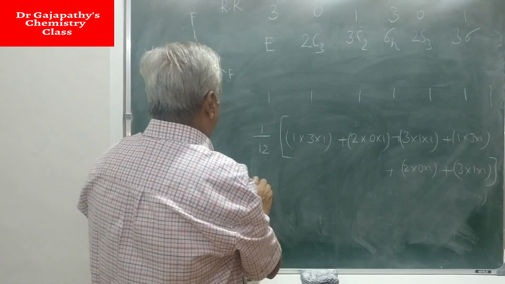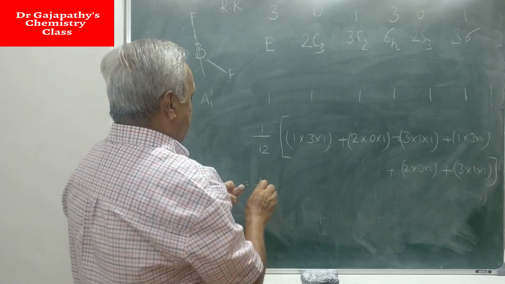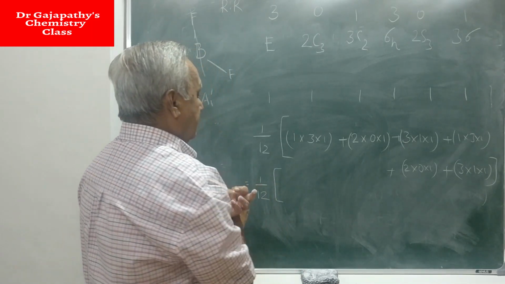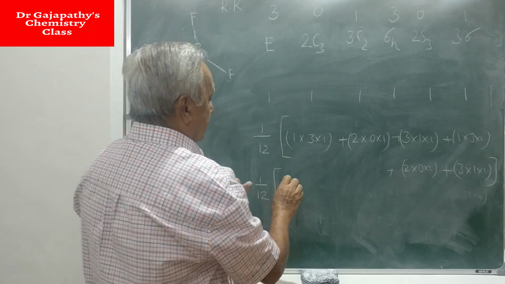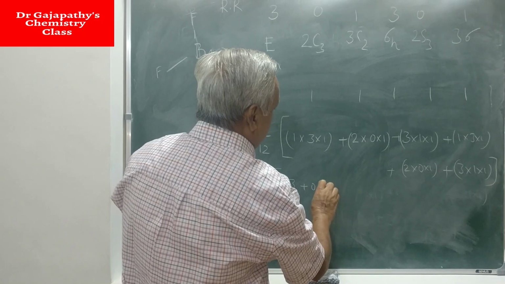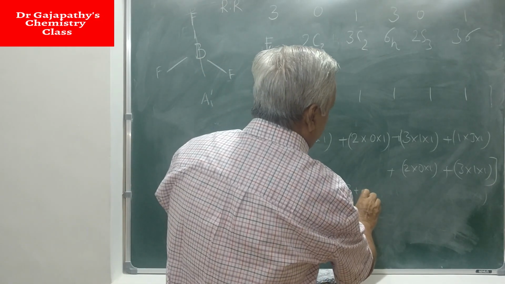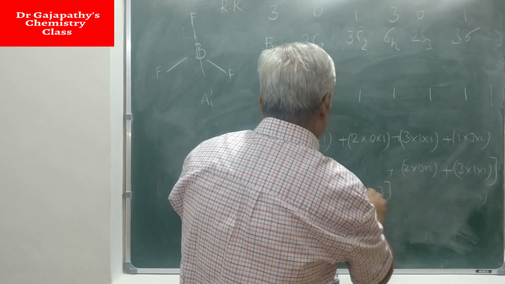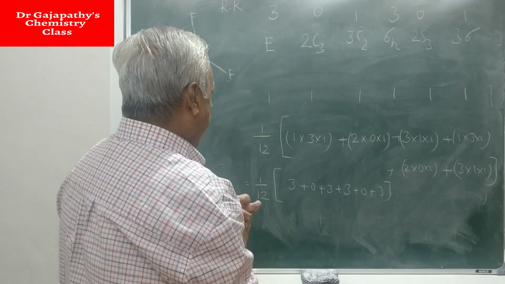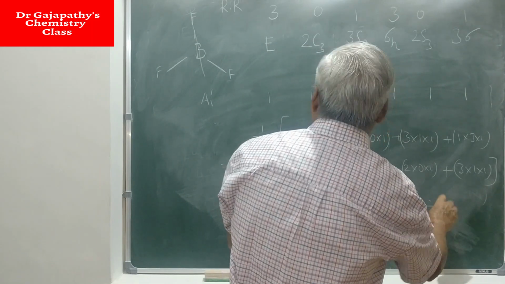So that is equal to 3, 0, 3, 3, 0, 3. That is equal to 12 by 12, which is 1.